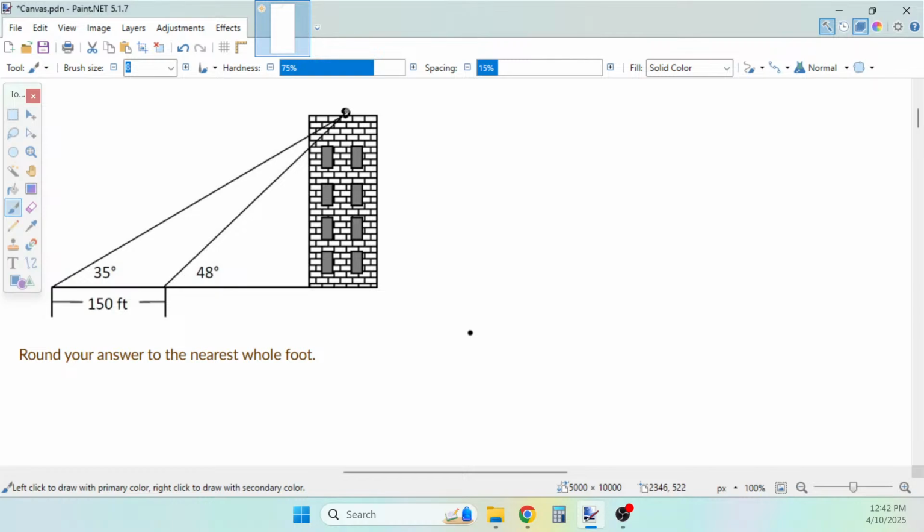We have this triangle that starts up here, and we know that this position and this position are 150 feet away from each other. And we know that the angle changed as we were aiming our eyes up at the point on the top of the building.